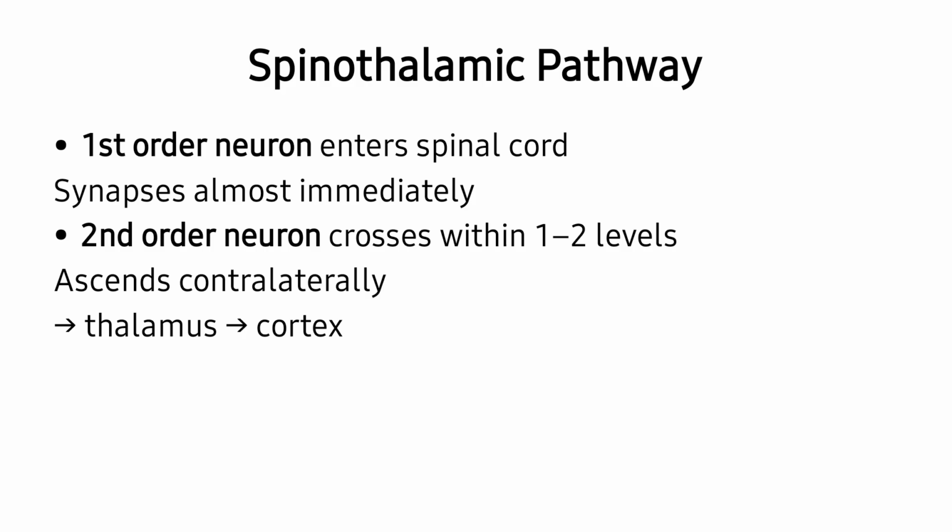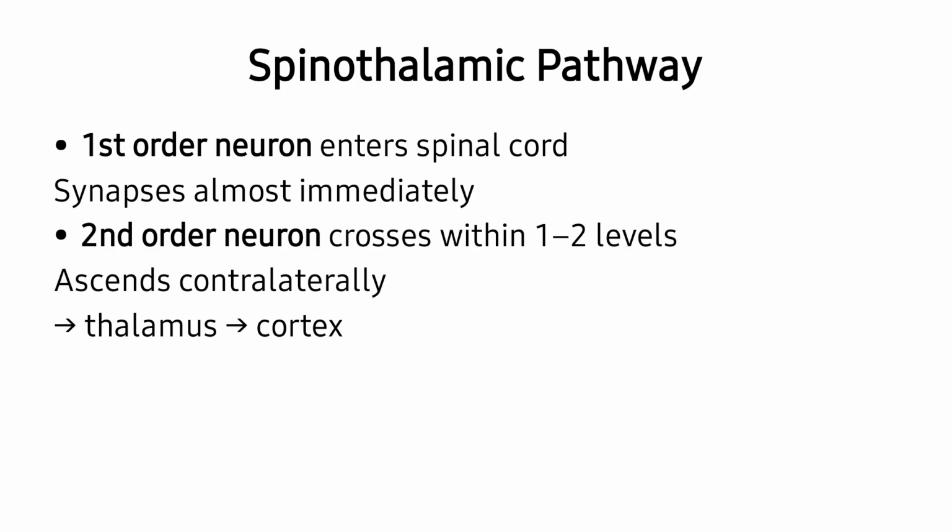It crosses. So meaning any lesion in the spinal cord, if it happens on the left, will produce what? Ipsilateral. If it is above the level 1-2 levels, it will produce what? Contralateral signs. So it ascends contralaterally, goes to the thalamus, then to the cortex.